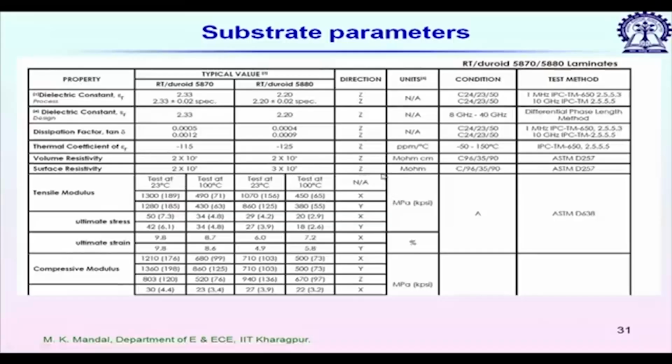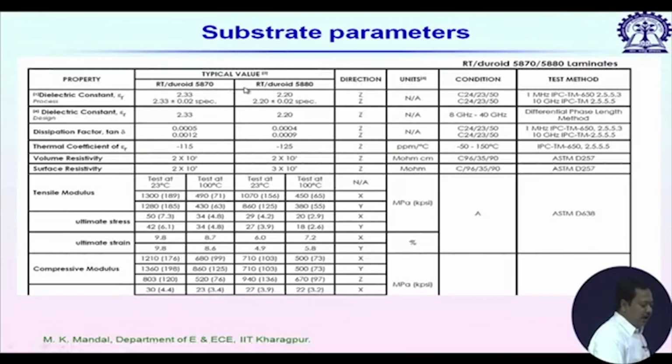So, for example, I am considering a typical RT/duroid 5870 substrate and RT/duroid 5880 substrate. This page I am showing from Rogers Corporation's website. This is the data sheet. You can see the dielectric constant epsilon r, some suggested values are given.